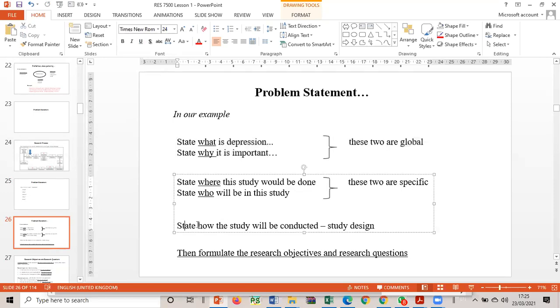So state how the study is conducted. Let's say how: it can be a quantitative or a qualitative study. Here we decide whether you want to do it quantitatively or qualitatively. Once you have this in place, then formulate the research objectives or questions.